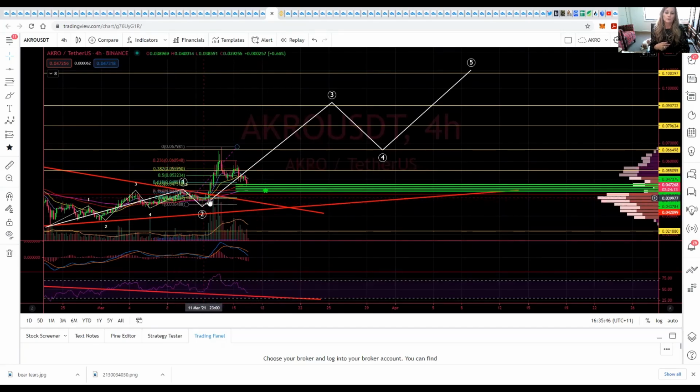If you've entered here, and the waves have moved to target 2 and you've taken 50% out, or say you've taken 25% out at this point, when the waves have come back down, you can start laddering that 25% back into that trade. Therefore compounding that trade again to make more profits. It's another really good way of just adding to the profits and adding to the profits.